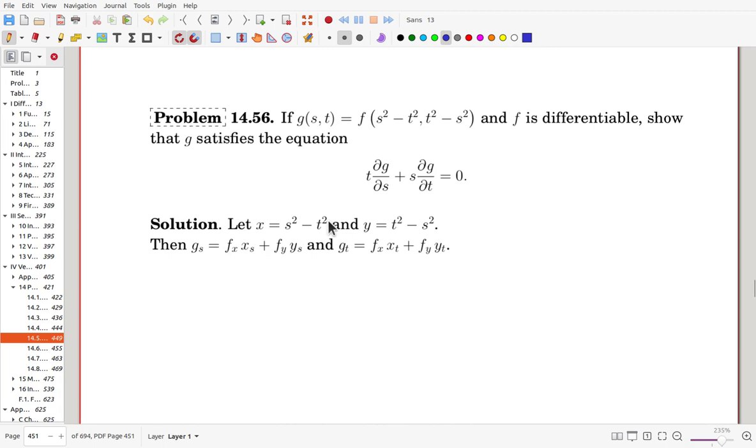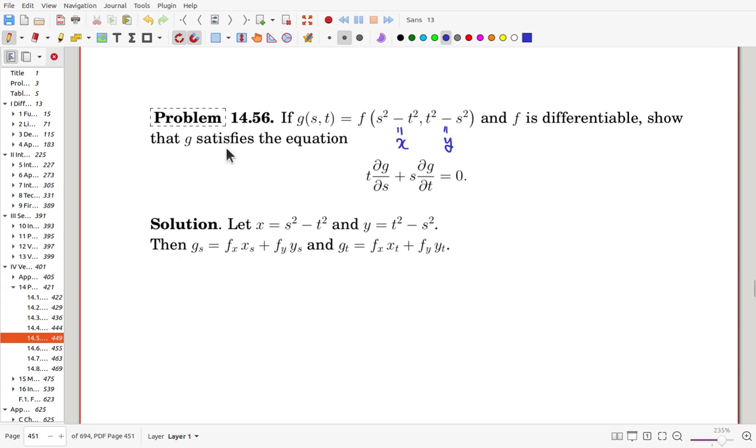z of s and t is given in this way, and f is differentiable. In this case, f is a function of x and y, where x is s squared minus t squared. You may think this is x, and that is y. y is t squared minus s squared.